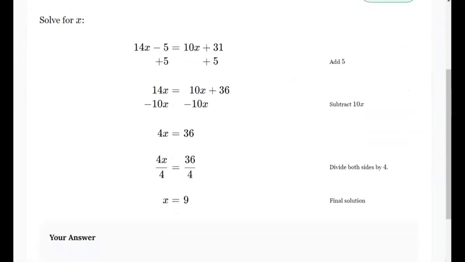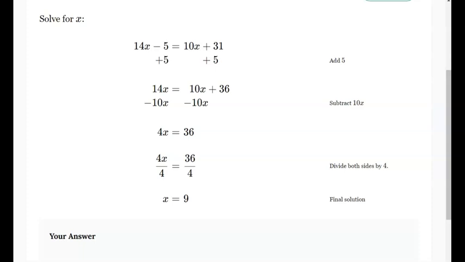Don't forget, if you have an error, you should read through all of these work steps. Now you'll notice in this example, they moved the 5s first, even though I did this first. So your work doesn't have to look identical to theirs, but the operations you're using have to be the same.